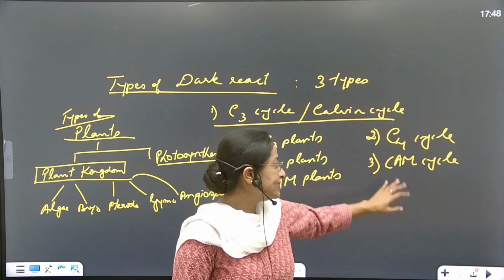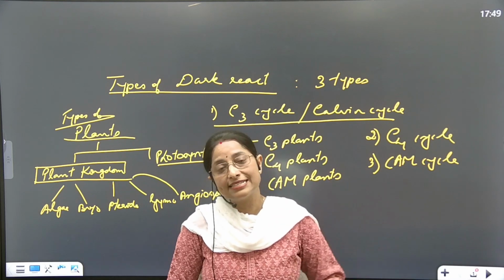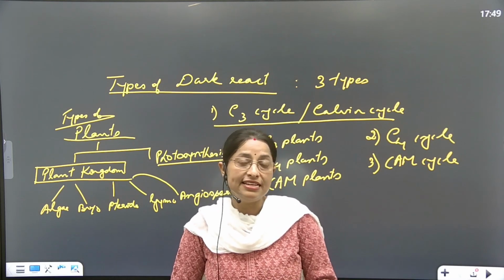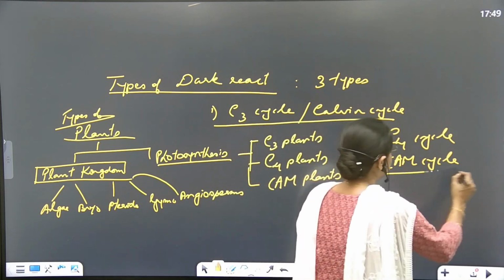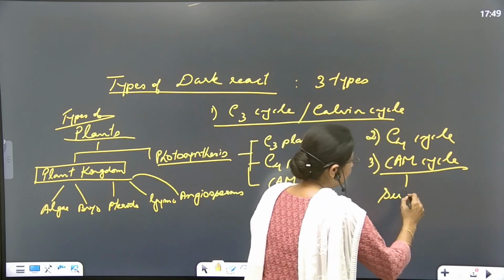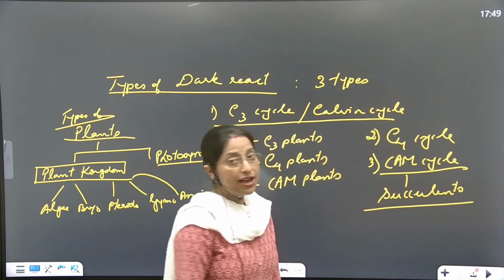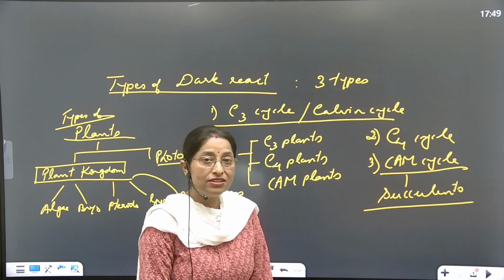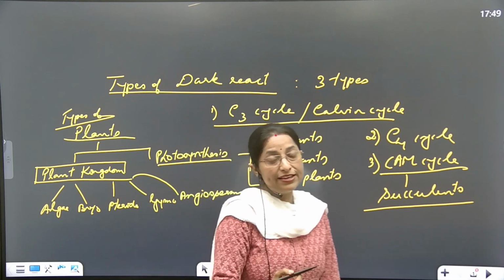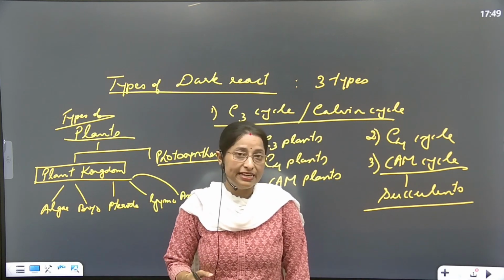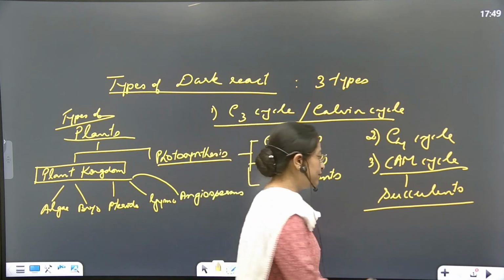And as far as CAM plants or the CAM cycle is concerned, it is a cycle seen in a specific type of plant. Those are called succulents. Do you have any idea about succulents? If I give certain examples, maybe you will have an idea.